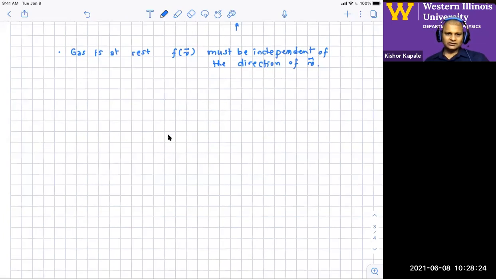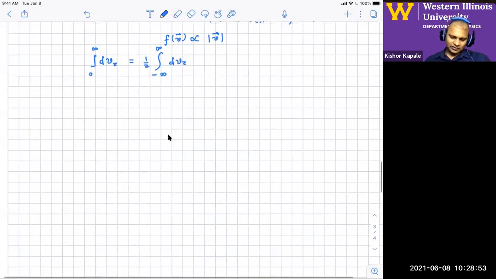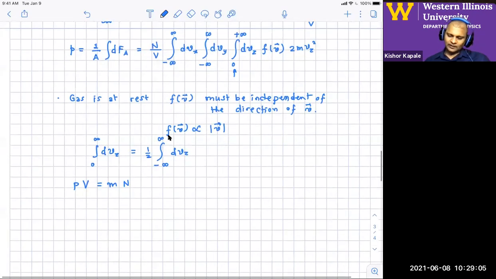And so what we are going to get is that f of v would be proportional to the magnitude of v, not the direction. And so we can write the integral from 0 to infinity of dvz that we need to evaluate as half of the integral from negative infinity to infinity of dvz, right? That's clear. And so then P times the volume is going to be M times the N. So we just took the M out.